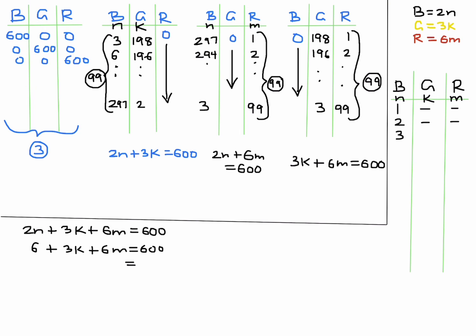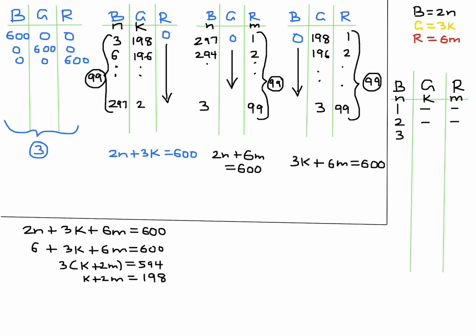And that means 594 is equal to 3k plus 6m, but I'm going to factor out a 3 to give k plus 2m, and then therefore k plus 2m is 594 divided by 3. And that is 198.